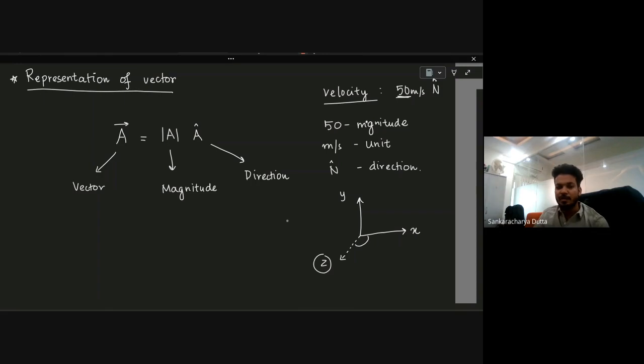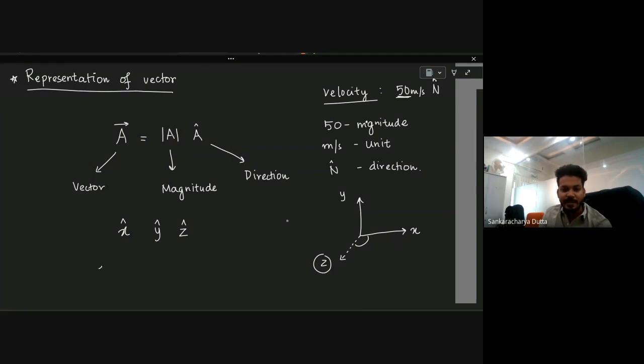So how do you represent directions using this standard coordinate system? Well, you use these x cap, y cap, and z cap. And the cap on top, I think last class someone asked, is called cap only. So x cap, y cap, z cap.